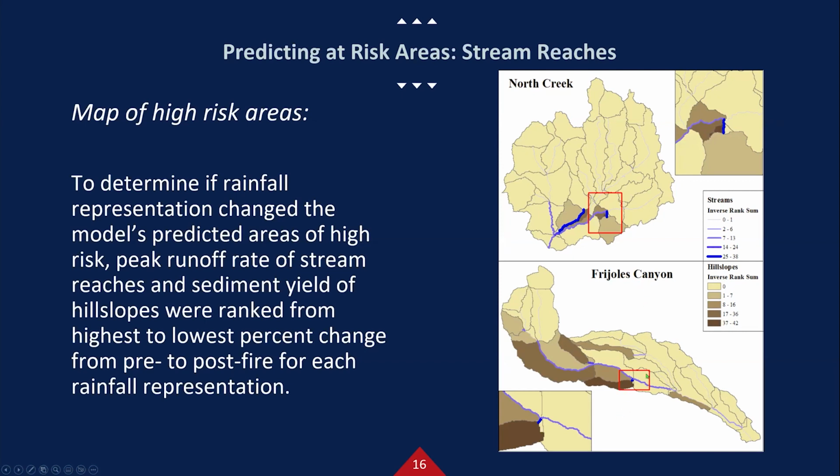And here we've got a little blow up down here. But now let's rank them. So we can rank the impact of either runoff or sediment on every element and say which is the highest one to the lowest one. And in both cases, we do that. And so this is a ranking due to the fire response, again, from highest to lowest percent change.